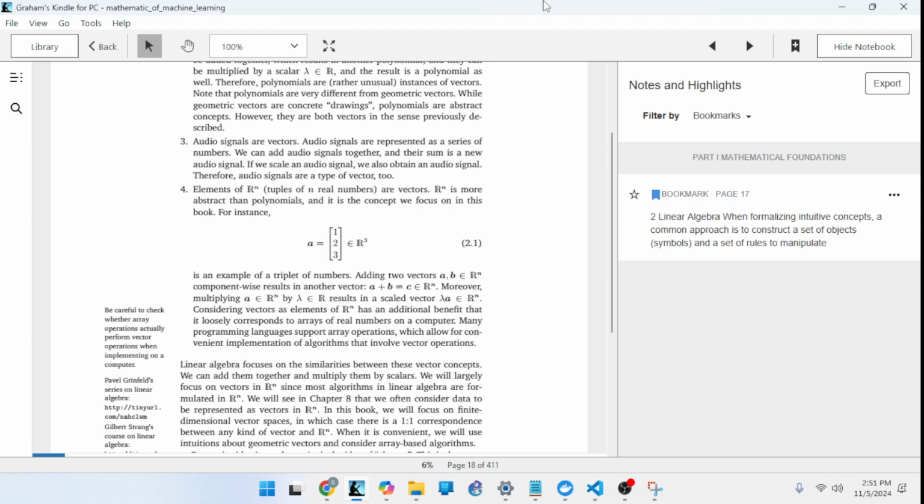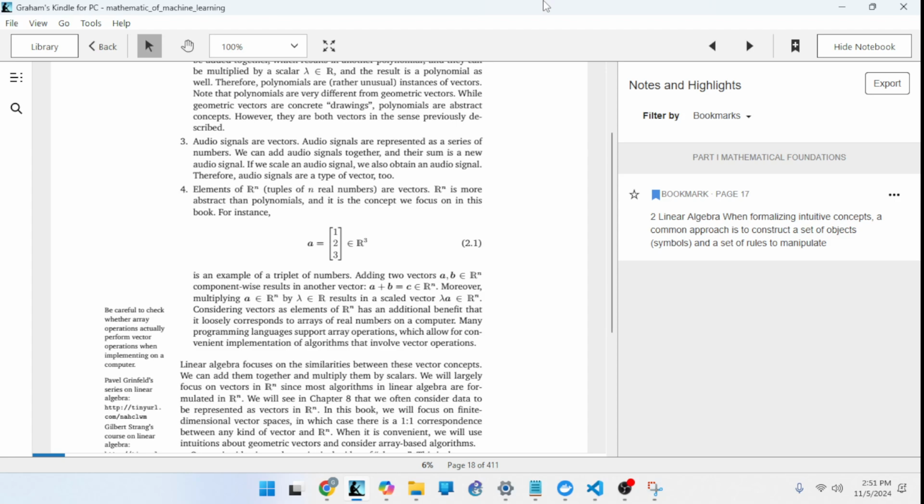Moreover, multiplying a as a set of tuple of n by, and we'll have it unpack it, results in a scaled vector as shown there, and we'll have it unpack it.